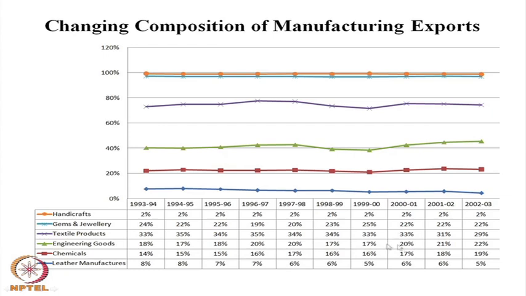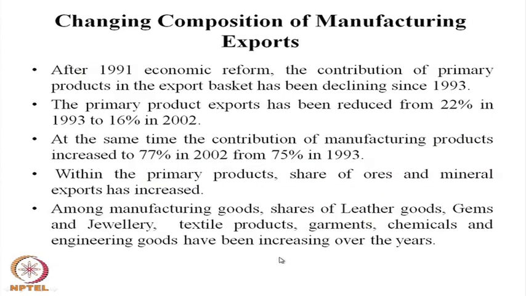However, chemicals have become a significant part of our export revenue, with nearly 15 to 17% coming from the chemical side. Leather manufacturing has been declining over the years as a source of export revenue.